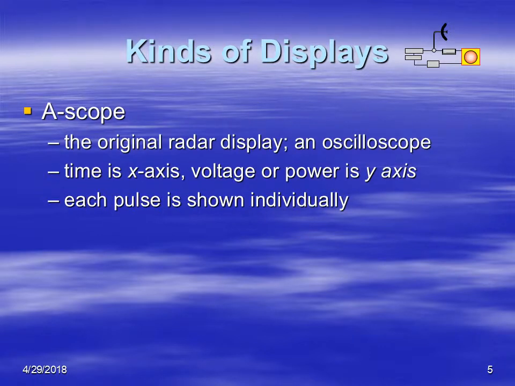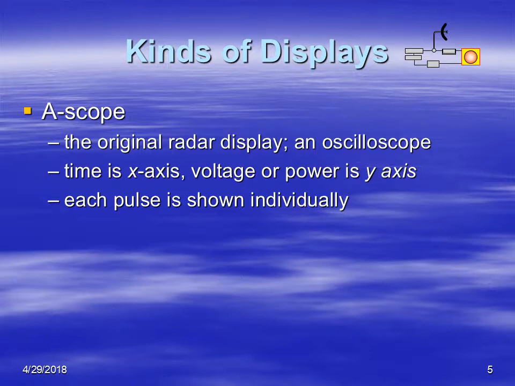So first, the A-scope. This is actually the very first, very original way of displaying radar information. Basically, it's an oscilloscope. And what it measures is the time that signals are returned from a pulse that was sent out. And of course, time is equivalent to distance if you know the speed of the signal going out and returning.